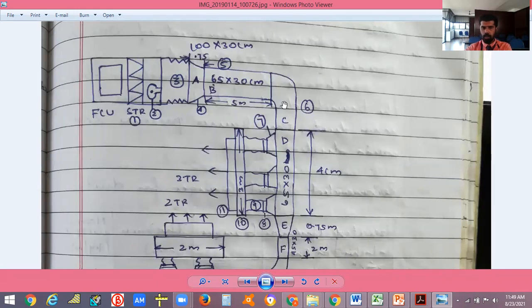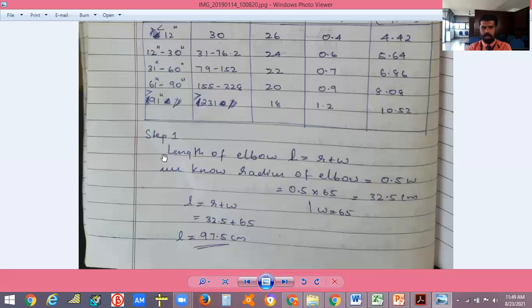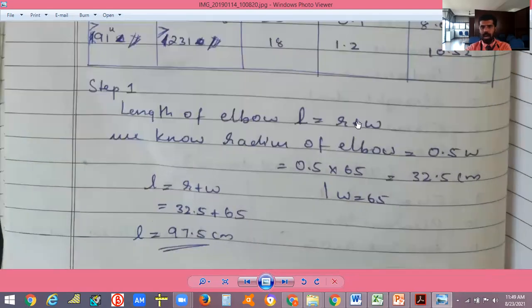Okay. So in order to find the length of the elbow, we have a formula. Length of the elbow is L equal to R plus W, radius plus width. Initially, before 2-3 days, I have already shown you the duct fitting calculation, how to draw the elbow with the dimension, elbow, reducer, shoe neck.